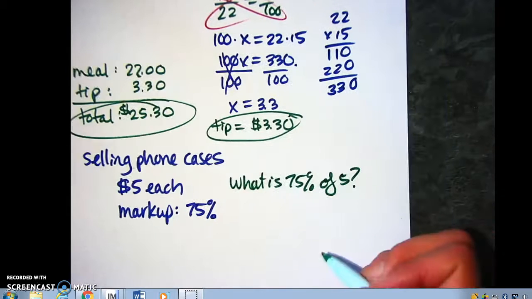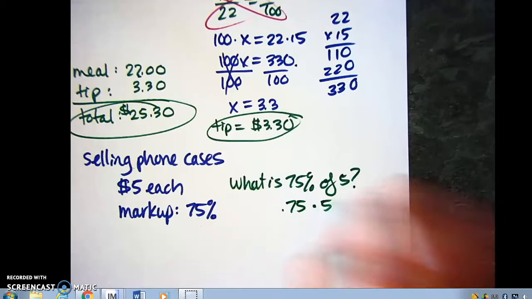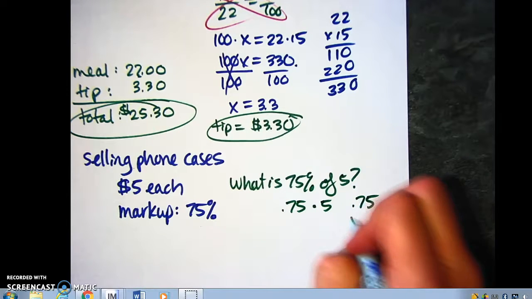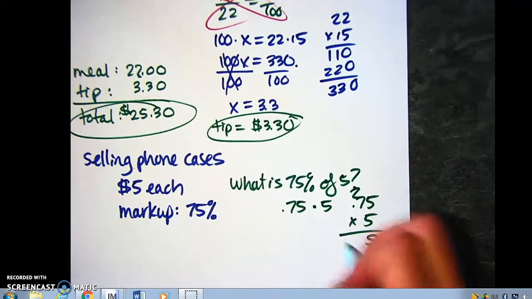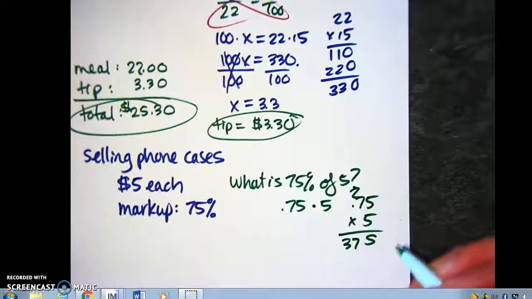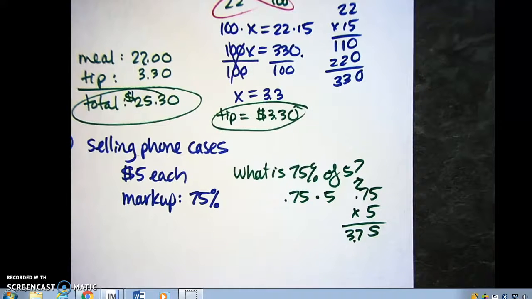I think it's generally faster to change it to a decimal and multiply. At least that's my choice, my preference. You can do it either way, though. Make sure you have two numbers behind your decimal point. And we should be finding that the markup is $3.75.